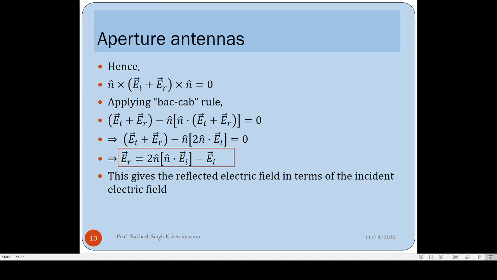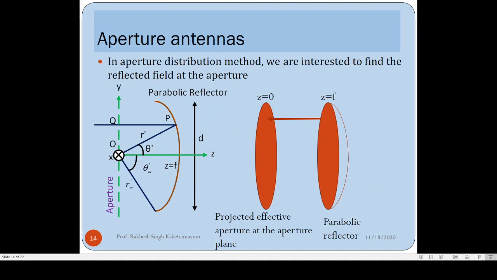One point to be noted here is where is the aperture, and where are we considering the aperture? I have already told you before, but I want to tell it again so that you know what's going on. Basically, this is the feed antenna which is placed at the focal point for the prime focus parabolic reflector antenna, and this is the reflector.